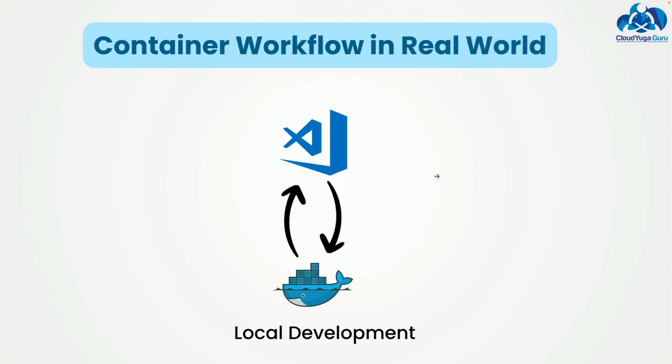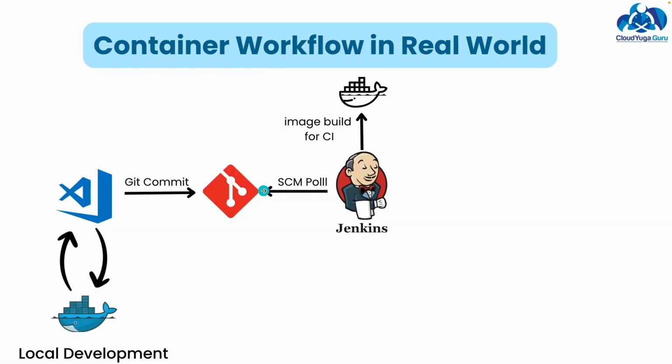The next step would be to commit our code into the source code repositories with tools like GitHub. Then we can use our CI tools like Jenkins to continuously poll for changes in our source code. And if there is a change, Jenkins can build a container image from it and then run test cases against it.